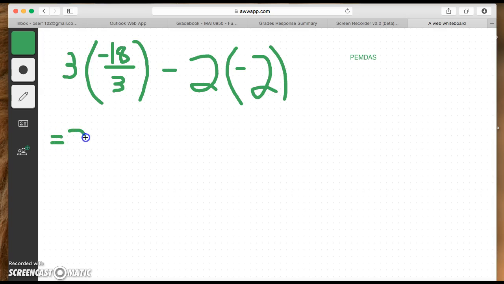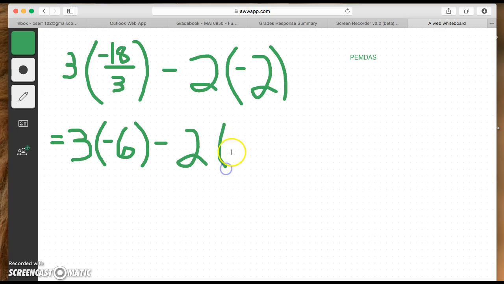Alright, so what we are left with then is 3 times negative 18 divided by 3. A negative divided by a positive, that's always going to be a negative. 18 divided by 3 is 6. And we still have minus 2 times a negative 2.